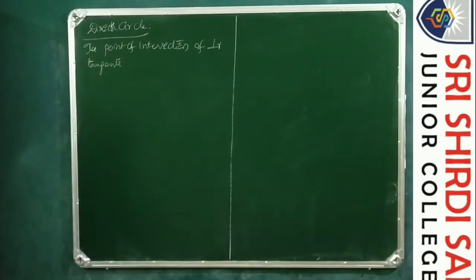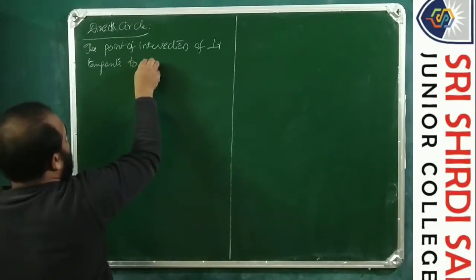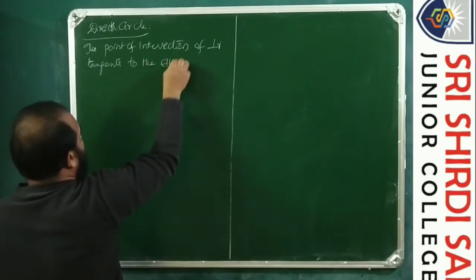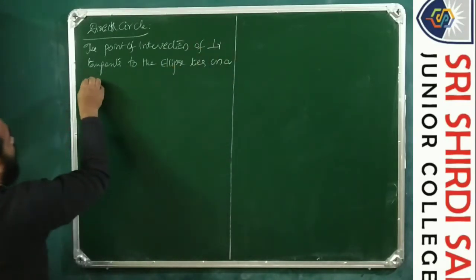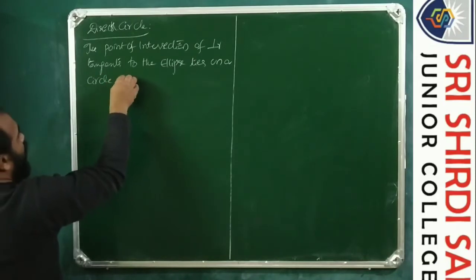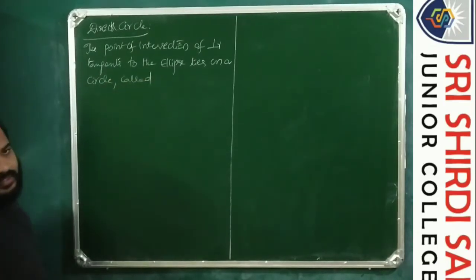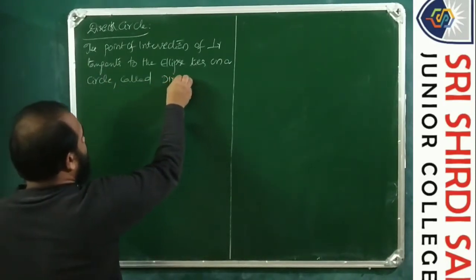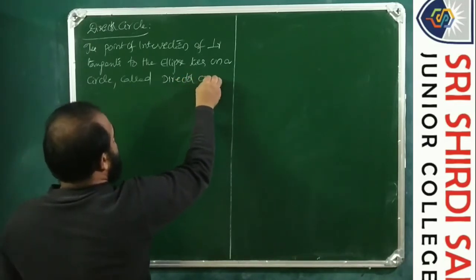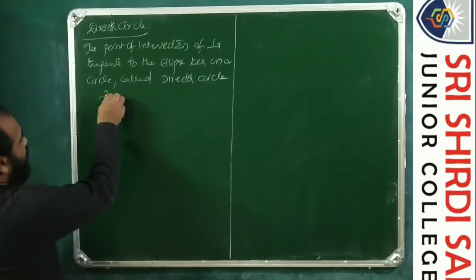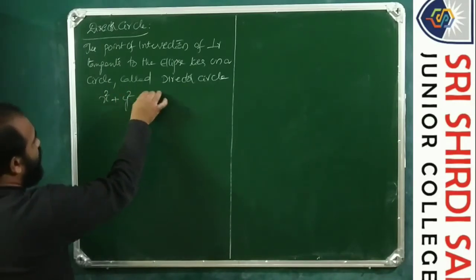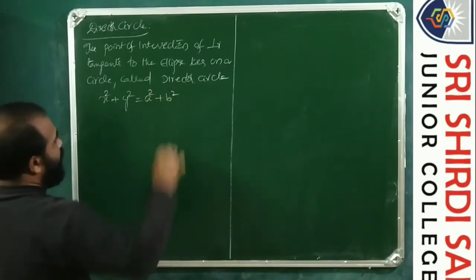The point of intersection of perpendicular tangents to the ellipse lies on a circle called director circle. So its equation is x square plus y square is equal to a square plus b square.